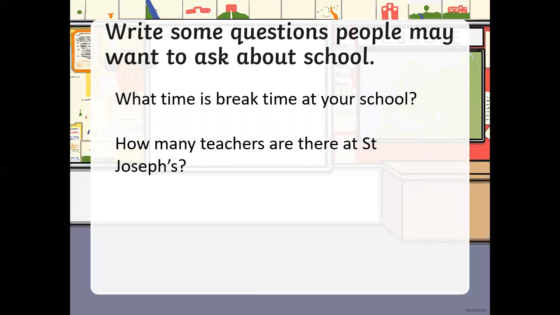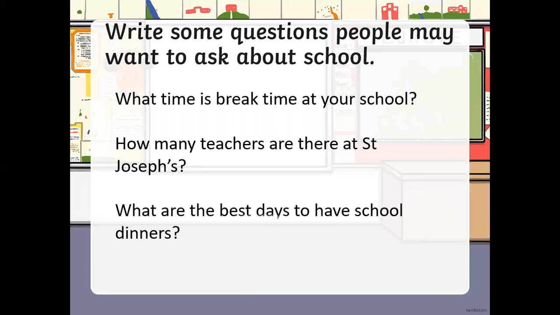People won't know how many teachers we have at our schools because each school is very, very different. Can you notice that my first sentence started with the word what? And my next sentence started with the word how? These are what we call question words. And then again, my last one is, what are the best days to have school dinners? That's a question finished with a question mark.